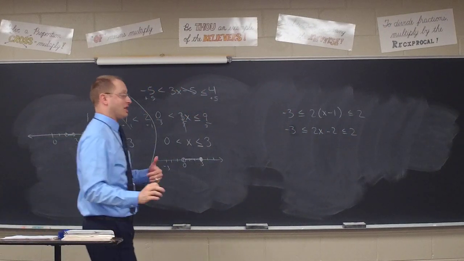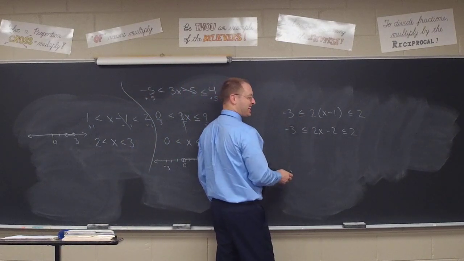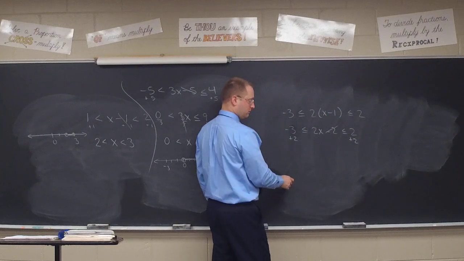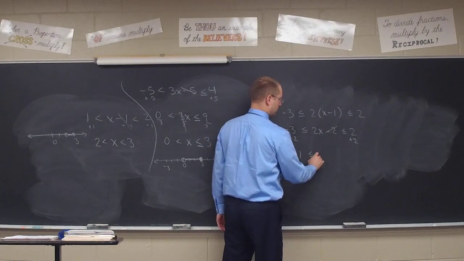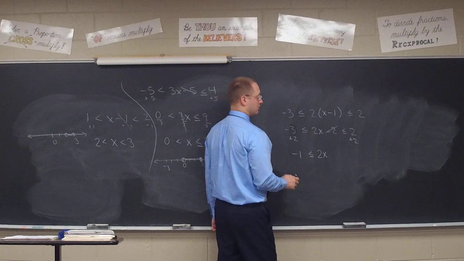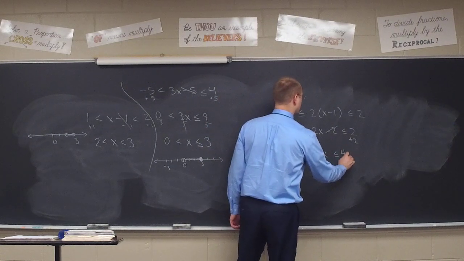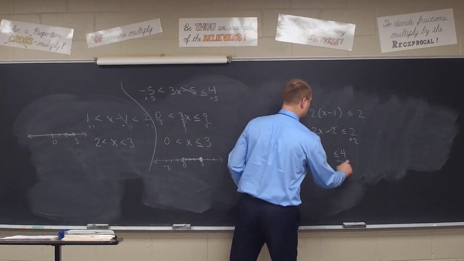So it's going to take 3 steps to solve. First was distribute, second, add a +2 to every side to get -1 is less than or equal to 2x, less than or equal to 4. All right, and then? You divide away the 2 from x.